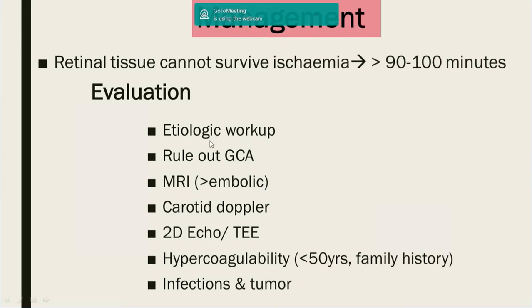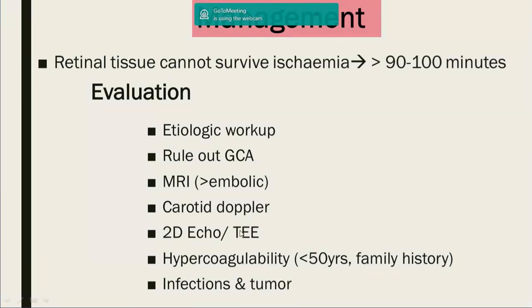You should always rule out giant cell arteritis, like I told you. And especially if you're suspecting an embolic phenomena, then you should go ahead and order an MRI to see if there are any other arterial occlusions present in the brain. And carotid Doppler will show if there are any atheromatous plaques present in the carotid that might lead to future blocks and future strokes in the brain.